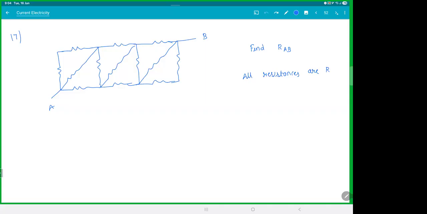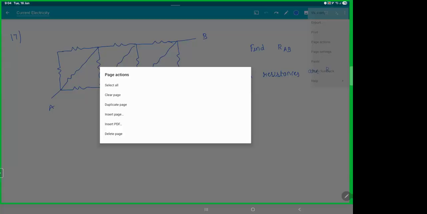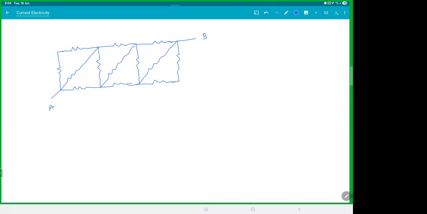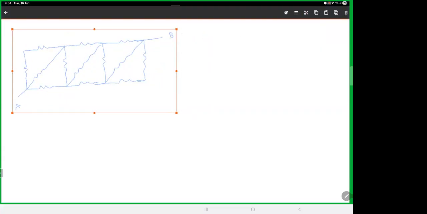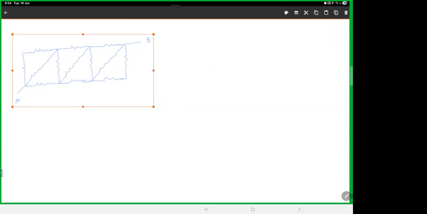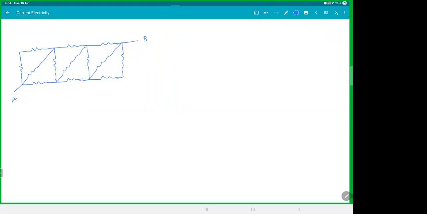Okay, let's see. 3R. I don't think you'll get such a good answer though. See, because after the initial point, nothing is in series parallel there.